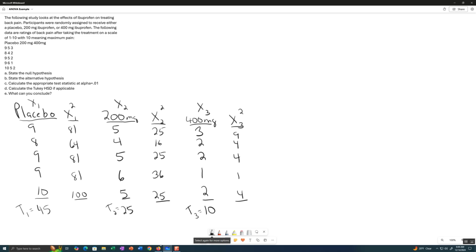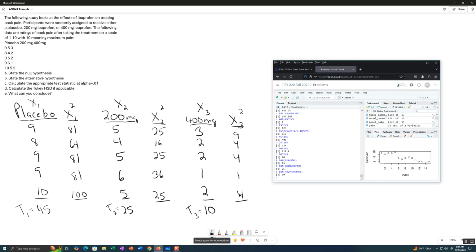Now for the x squared columns, sum these up. I don't need to label these because I'm just going to add them together later. So sum all these columns up. It's going to give me my total x squared for everything. So once again, we're going to do the sum of placebo squared. That gives me 407.